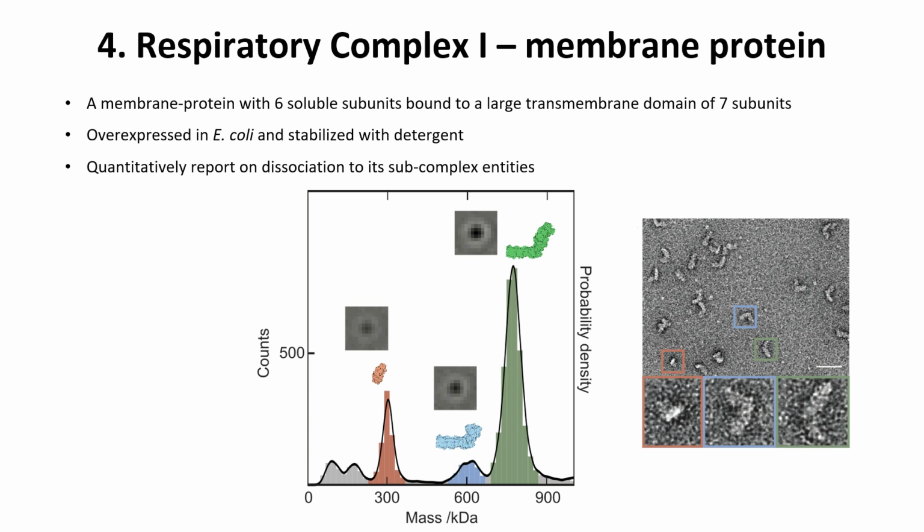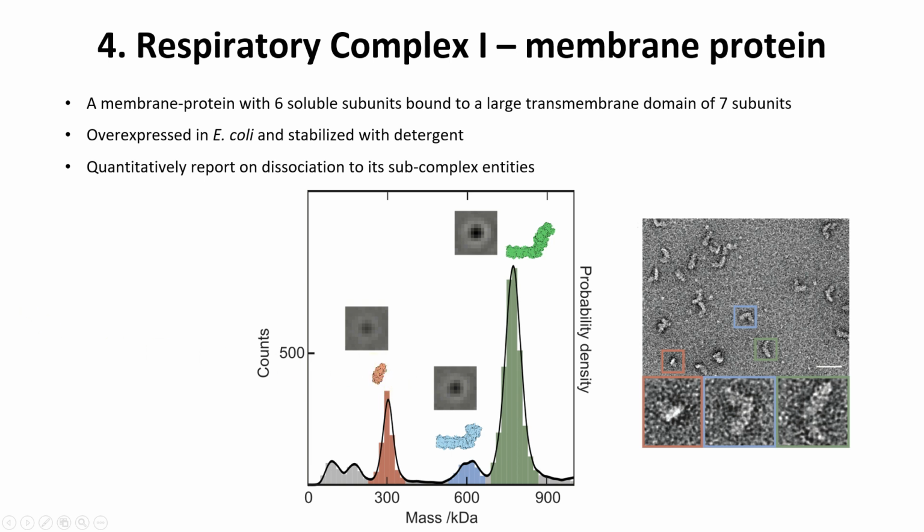And here we quantify, and you can see really nicely the mass histogram versus either counts or probability, where you can quantify the full complex with the transmembrane and the soluble arm, and also its partial soluble arm or its full soluble arm without the transmembrane part.